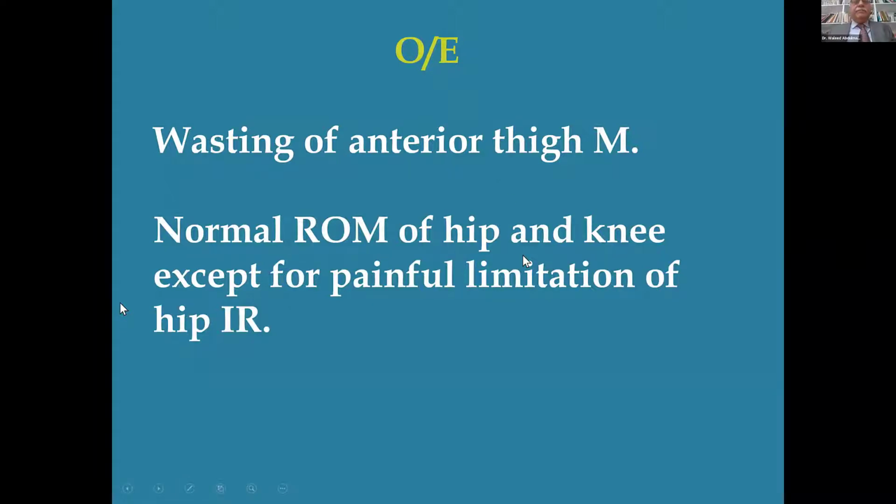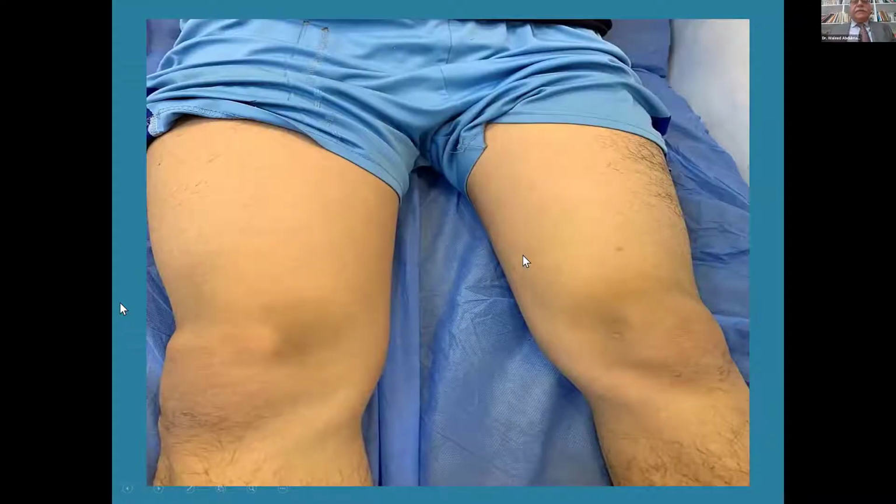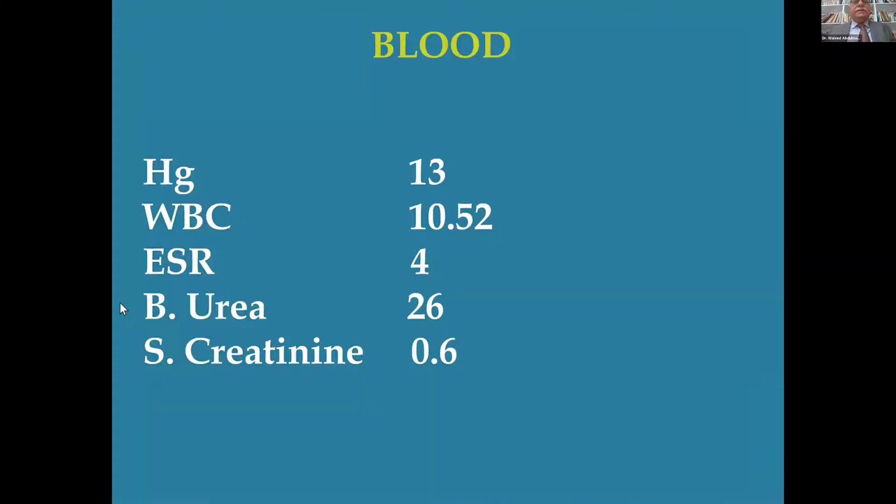Next, please. The only limitation was some painful limitation of the internal rotation of the hip. Next, please. You can see both thighs here. These investigations were normal, nothing of significance. The next one, please.